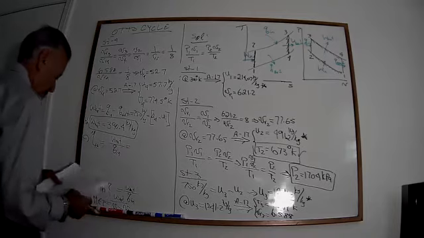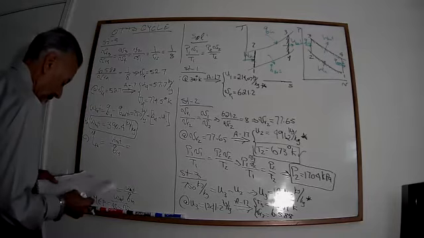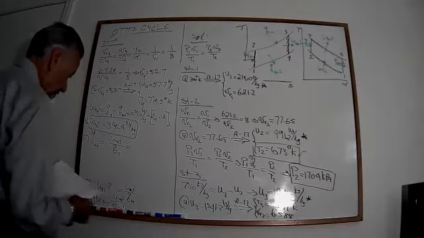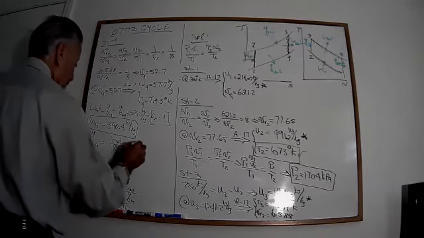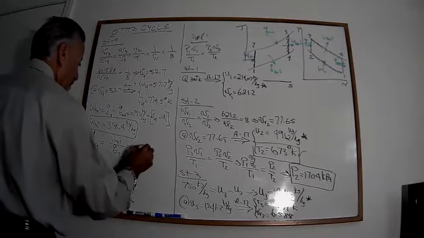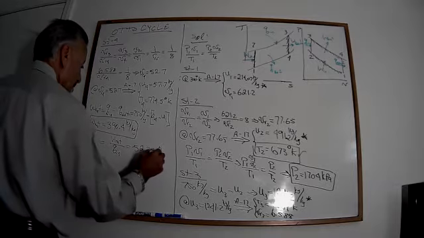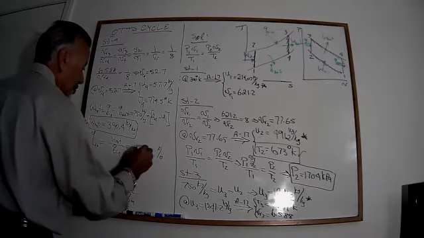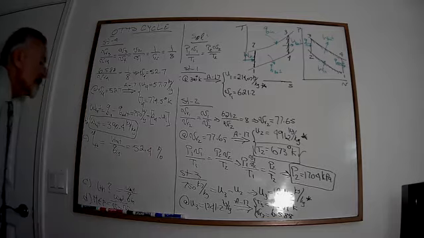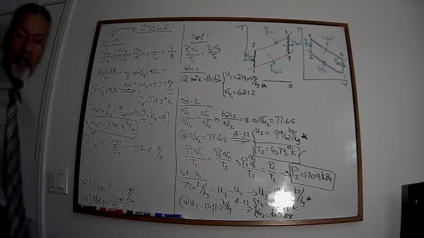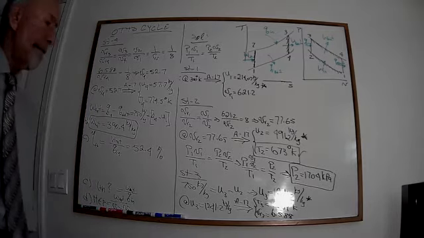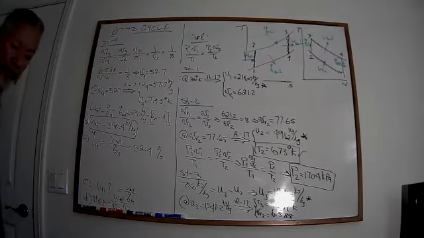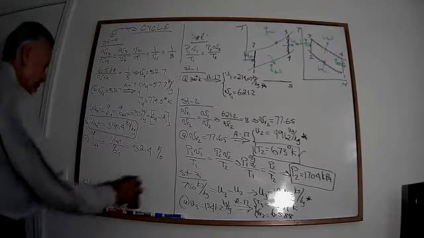So if I plug the numbers in, I will get the thermal efficiency of 52.39%, or generally we say 52.4%. That is the efficiency of our cycle. That's part C. Now let's work on part D.